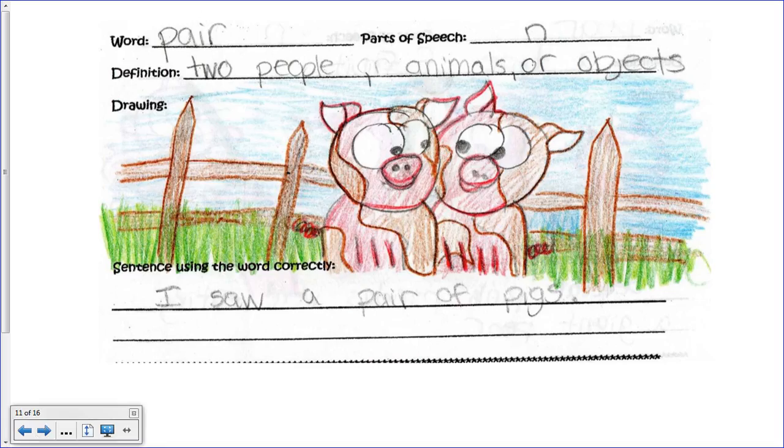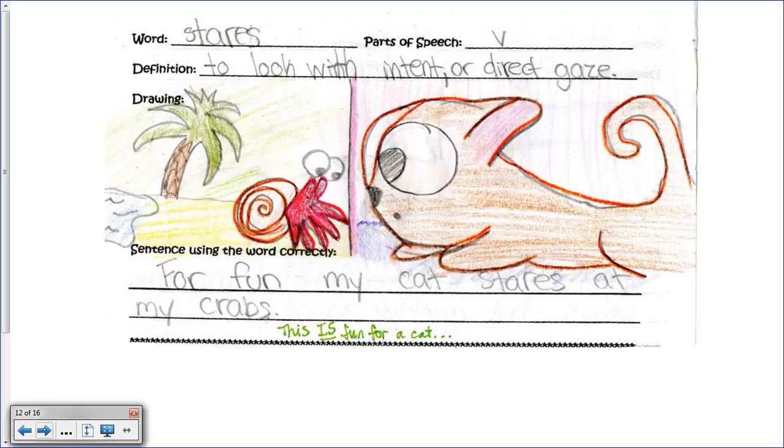And another use of the word pear is spelled P-A-I-R. It's a noun, and the definition is two people, animals, or objects. And then the complementary sentence to the picture here is, I saw a pair of pigs. And here's another one. Stairs.